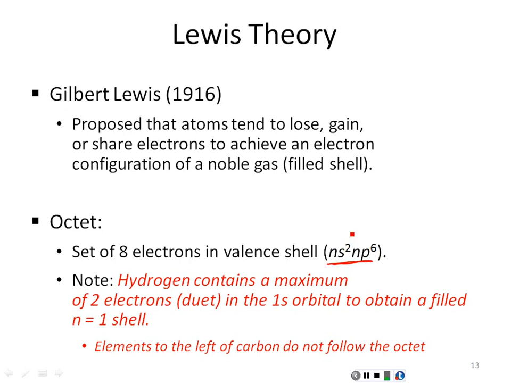You have 2 in the s orbital and 6 in the p orbital. There are some exceptions to this. Hydrogen can only have a maximum of 2 electrons because it only has the 1s orbital to fill a shell. And then also elements to the left of carbon don't necessarily follow the octet.